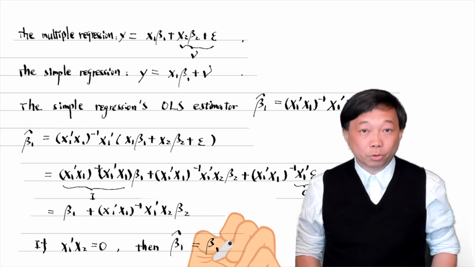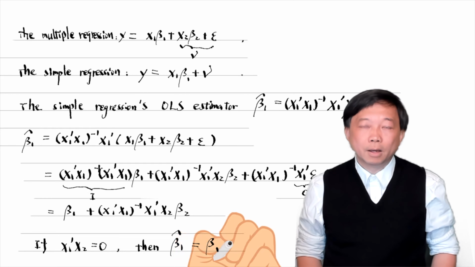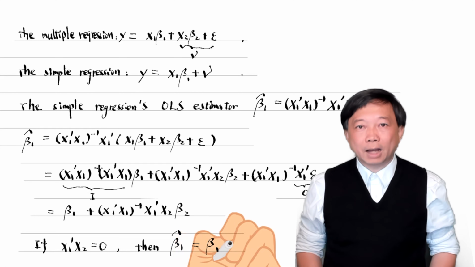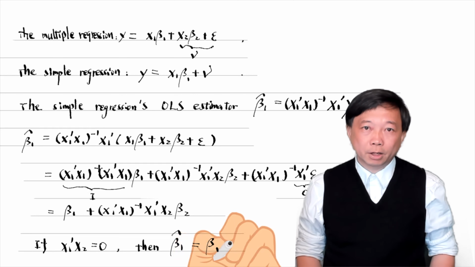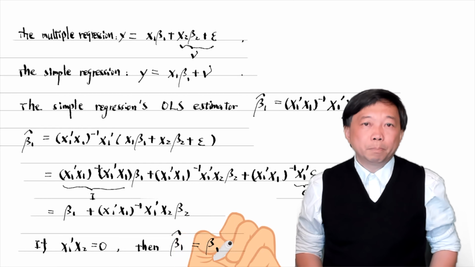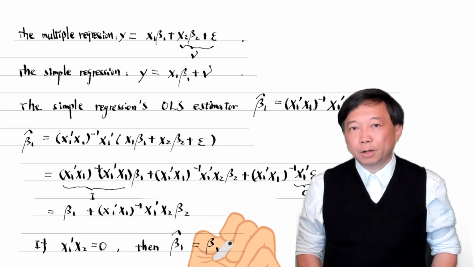Let's verify this result in Stata. In real life, it's tough to find two variables that are not correlated with each other. So we use simulated data to show the orthogonal partitioned regression theorem.